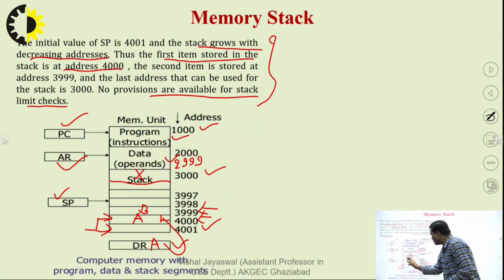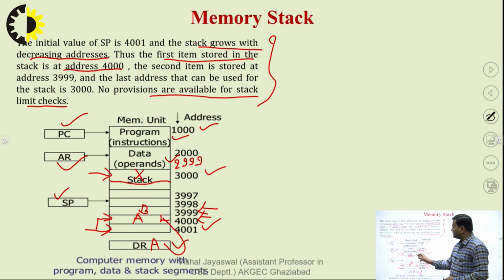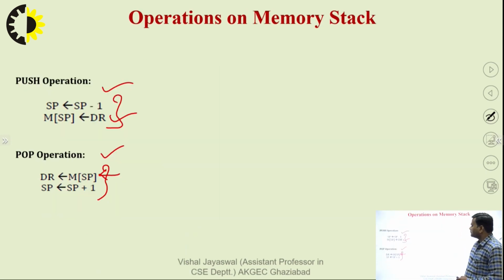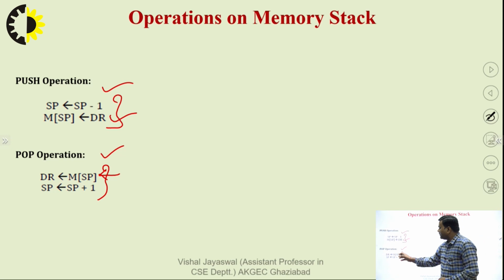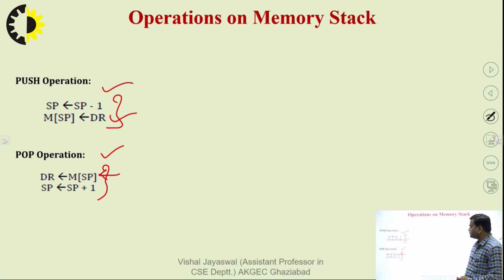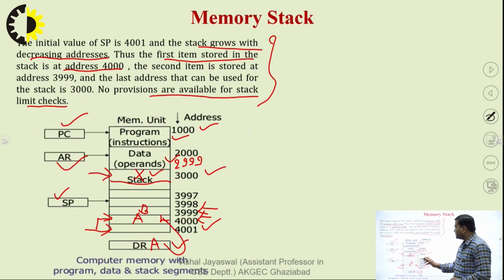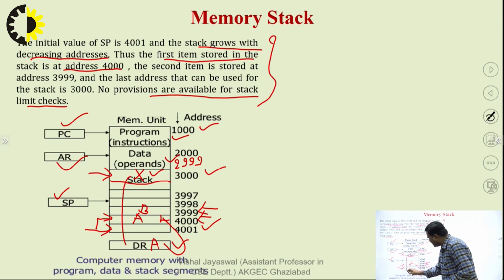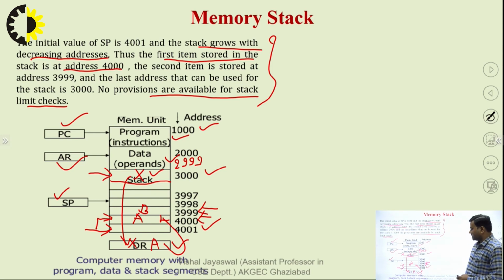Let's suppose the stack pointer is pointing at location 3000, and the item placed on the stack is X. When we perform the pop operation, the content of M of SP is transferred into the DR register, meaning X goes from the stack to the DR register.